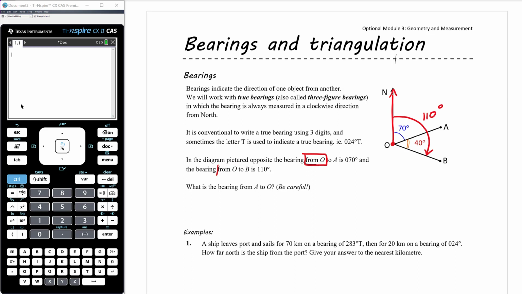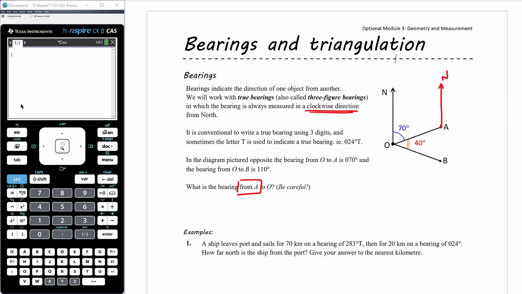So then, what is the bearing from A to O? This time, it is from A. So I am standing at A, and I am facing north at A, and I'm going to turn clockwise because we always measure true bearings in a clockwise direction from north.